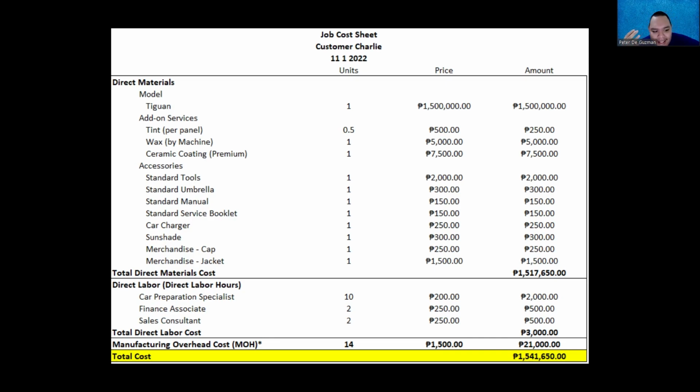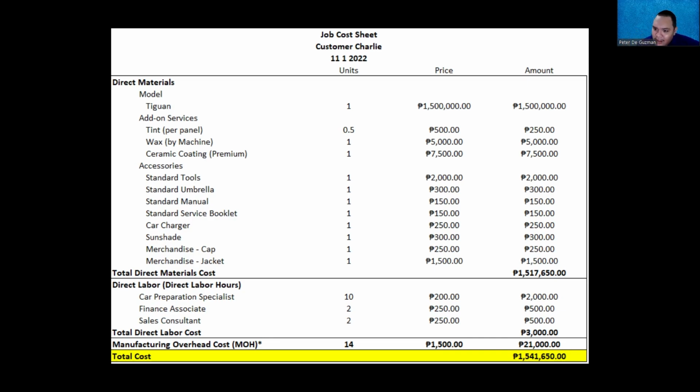And the same goes for the standard manual and the standard service booklet. Would it be more efficient to perhaps provide a digital copy so that there is a lesser carbon footprint and lesser costs associated? Or is it still worthwhile to produce physical copies of both the manual and the service booklet?